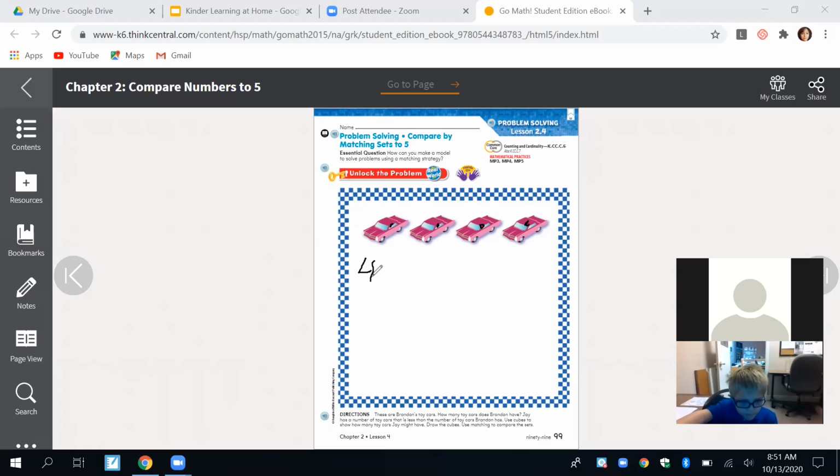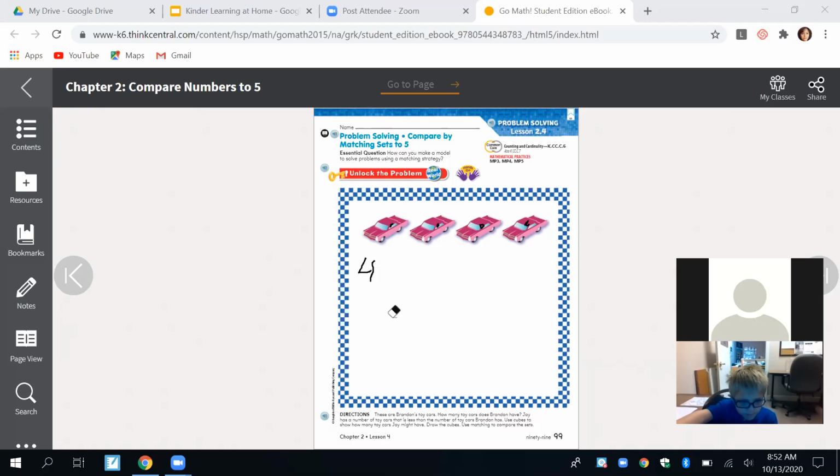I can use my dots or circles to show his friend's cards. So I know there's 4. I'm going to draw less than that number. So what is a number less than that? Before I do it, I'm going to ask for suggestions.